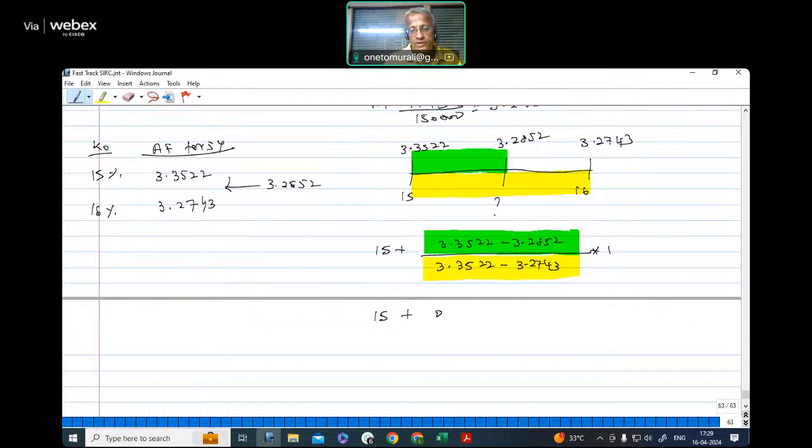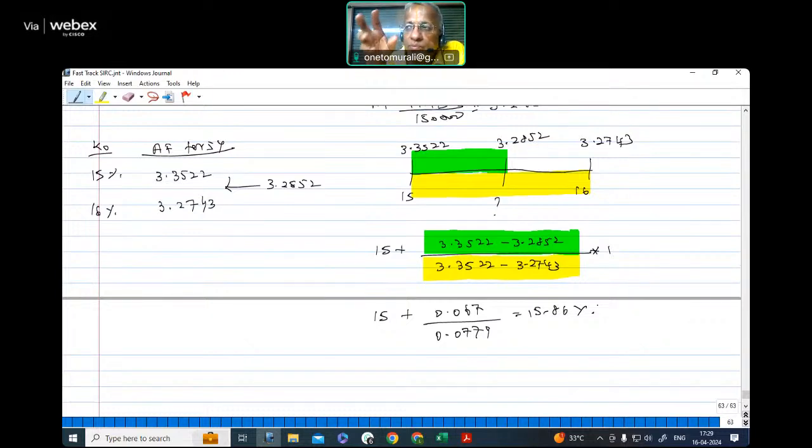So it is 0.067 divided by 3.3522 minus 3.2743. When you take up, that comes to 0.0779. So 0.067 divided by 0.0779, it comes to 15.86%. That's it. So under examination conditions, they might increase the challenge by not giving the effective rate of interest.